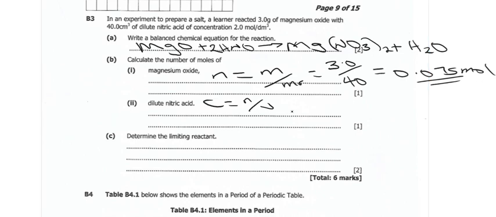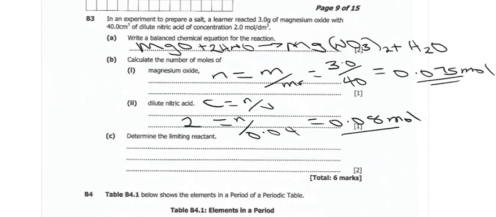So here we know concentration is 2. So 2 is equal to number of moles over volume. 40 divided by 1,000, we have 0.04, and doing calculations here we'll have 0.08 moles.